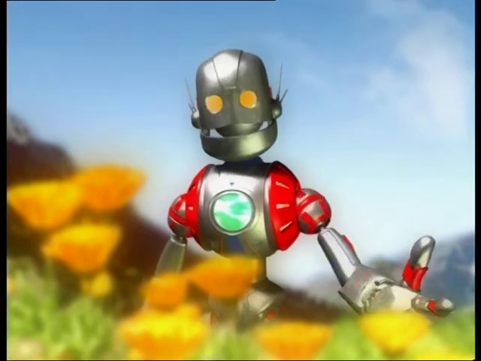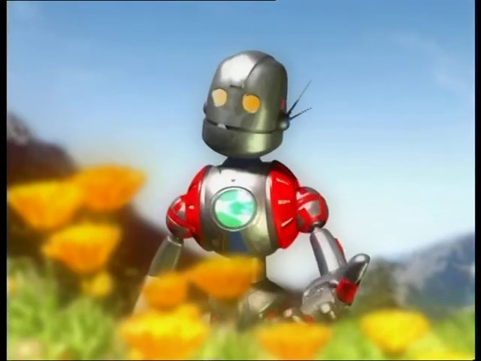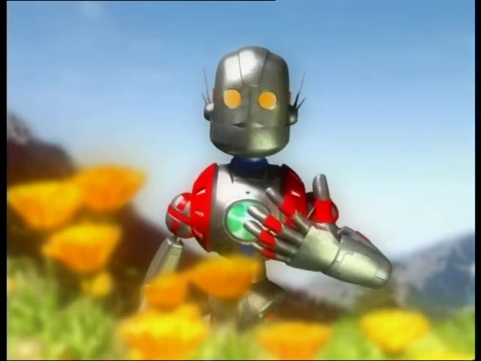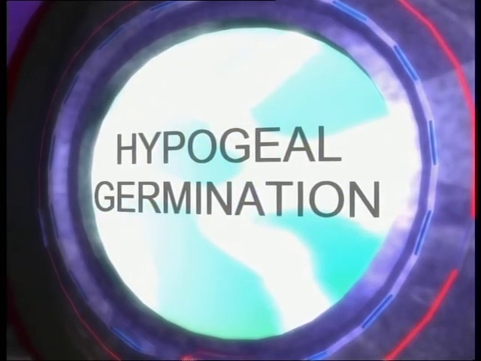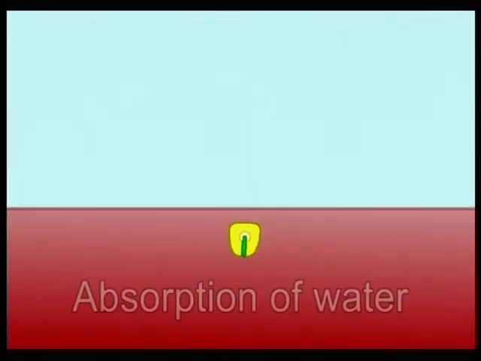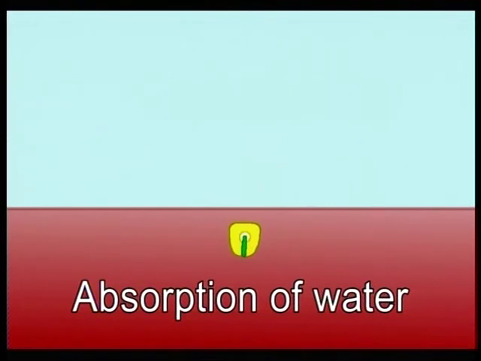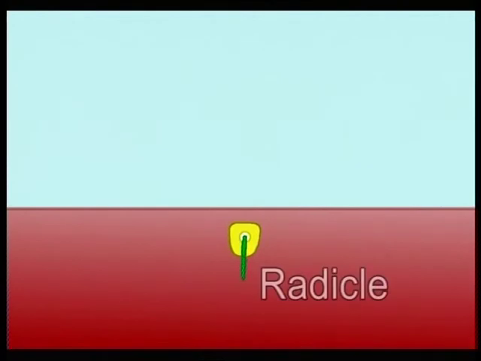Well, hypogeal germination is different from epigeal germination. Come, let me show you. Like epigeal germination, the seed that goes through hypogeal germination also absorbs water and the radicle bursts through the testa.